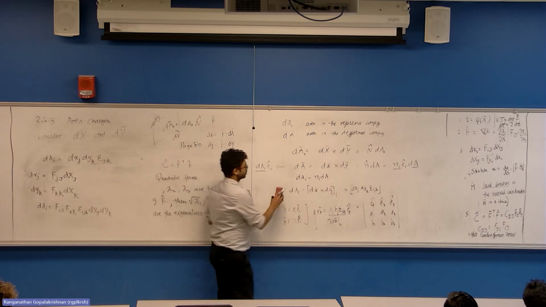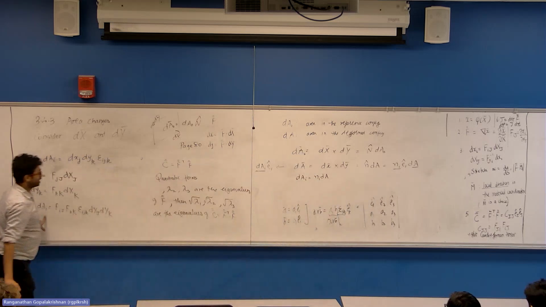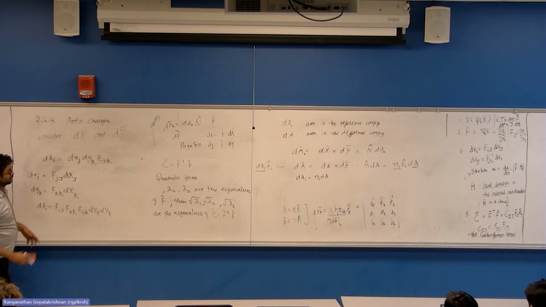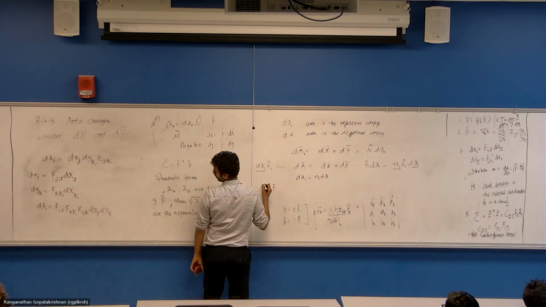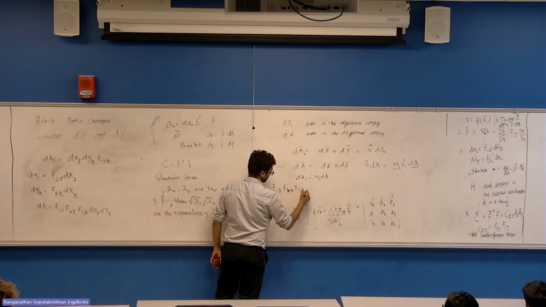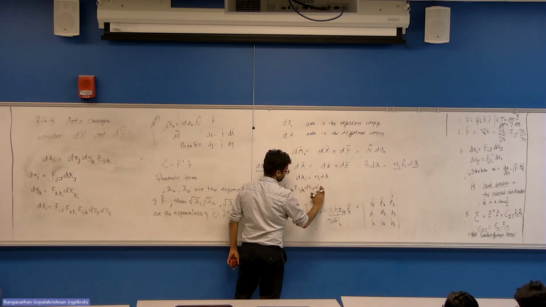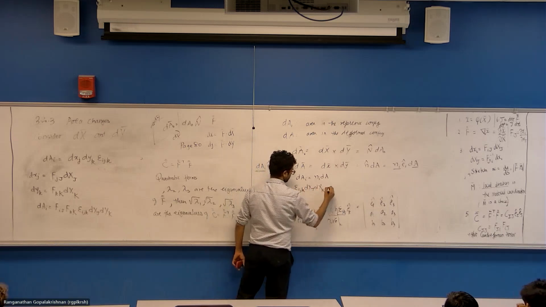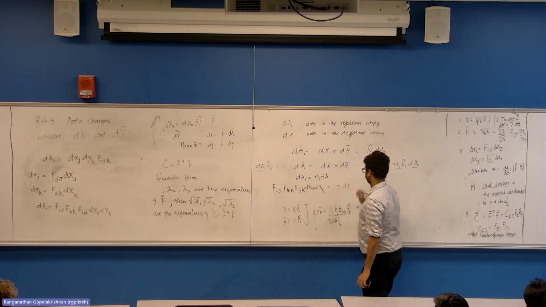So what is my dA_i? That is F_jJ F_kK epsilon_ijk dX_J dY_K is equal to n_i dA.